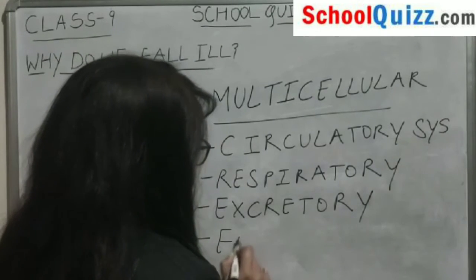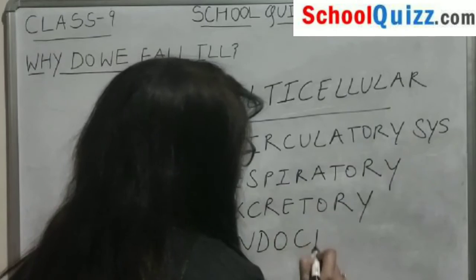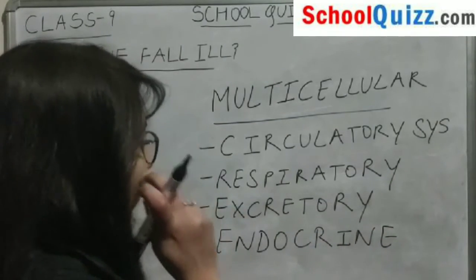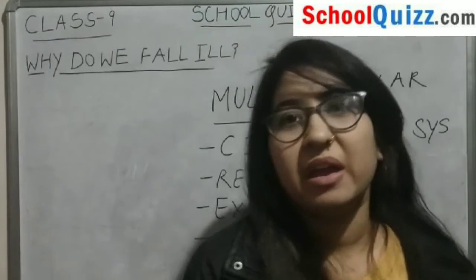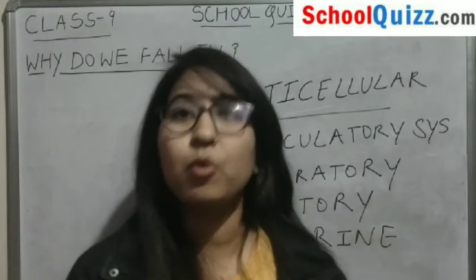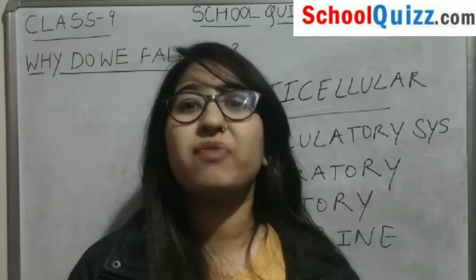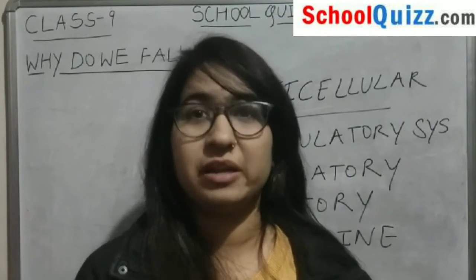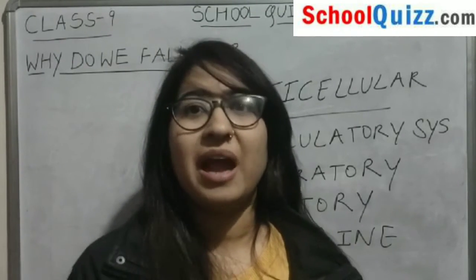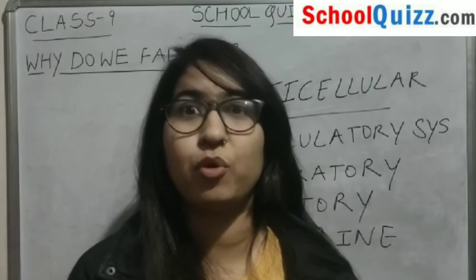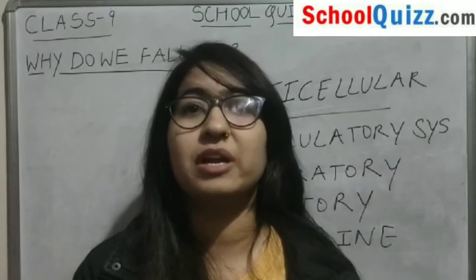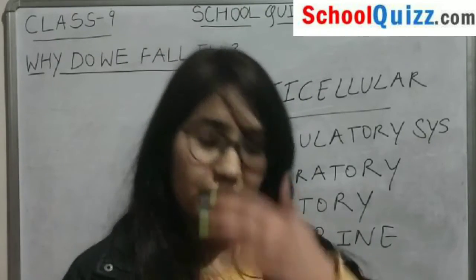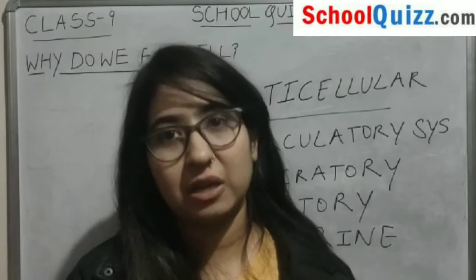Then we have the endocrine system. The endocrine system is a kind of system in which the functioning of hormones comes into play. Various types of hormones are there which will control things, like thyroid hormones, sexual hormones, various kinds of growth hormones, the hormones which control the deposition of pigmentation in our body, or the hormones which control the sleep and wake cycle in our body.